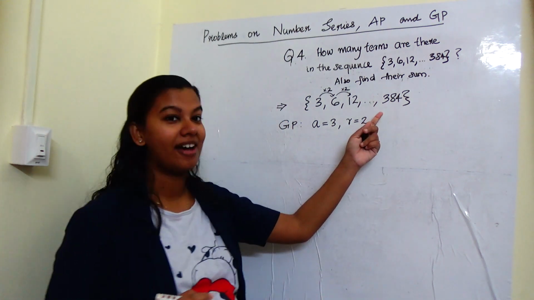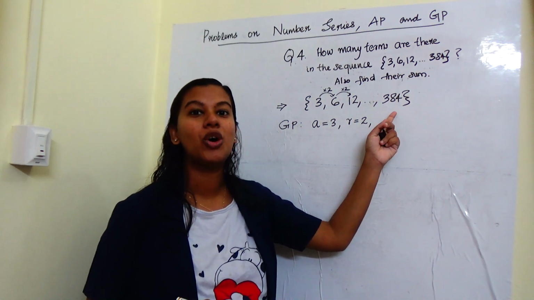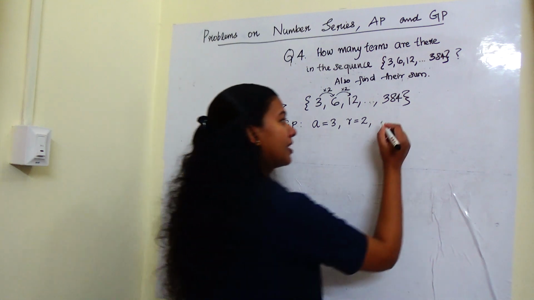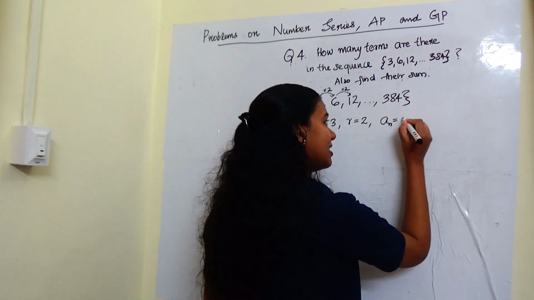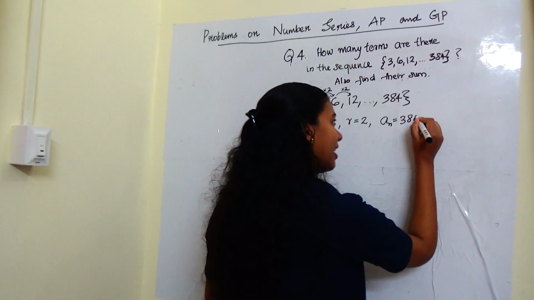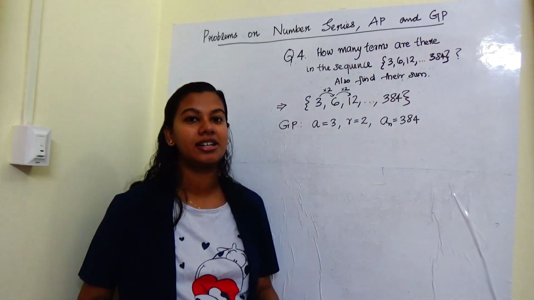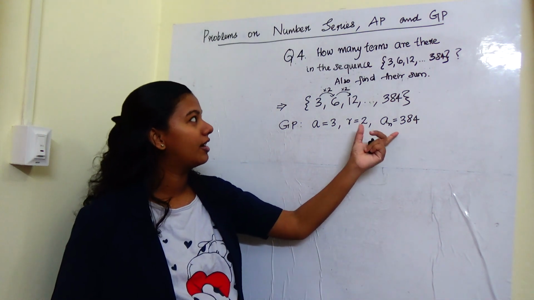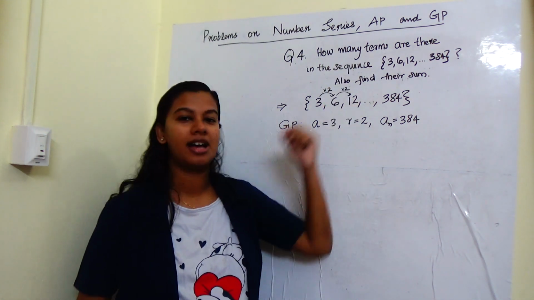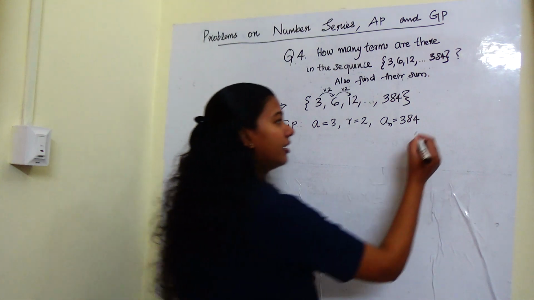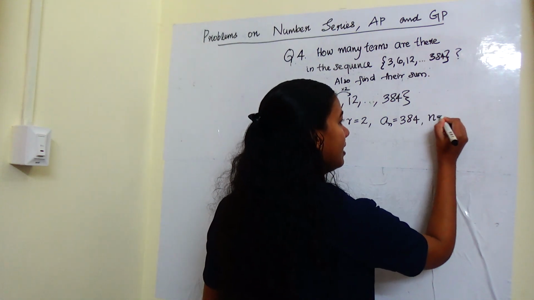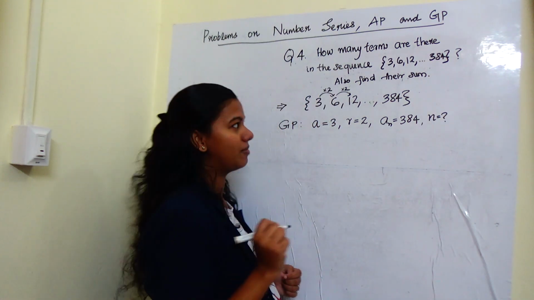Then what else do we have? We have the last term or the nth term, a_n, equals 384. Now if a_n is 384, what do we have to find? How many terms are there, that is n. So n equals question mark.